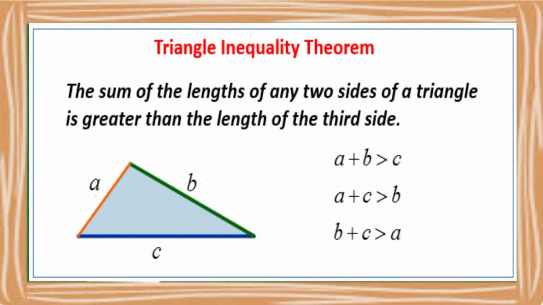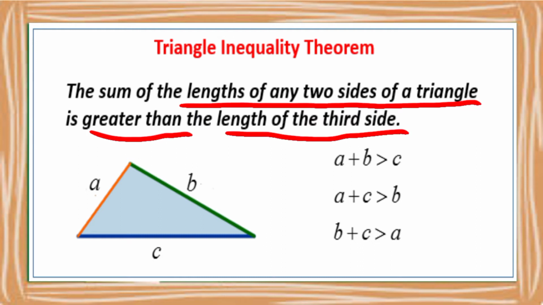So A plus B is greater than C, and if A plus C is greater than B, and the sum of B and C is greater than A. So that's the triangle inequality theorem. The sum of the lengths of two sides of a triangle is greater than the length of the third side.